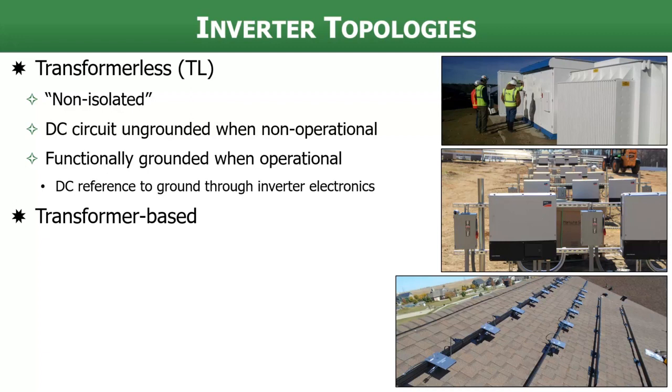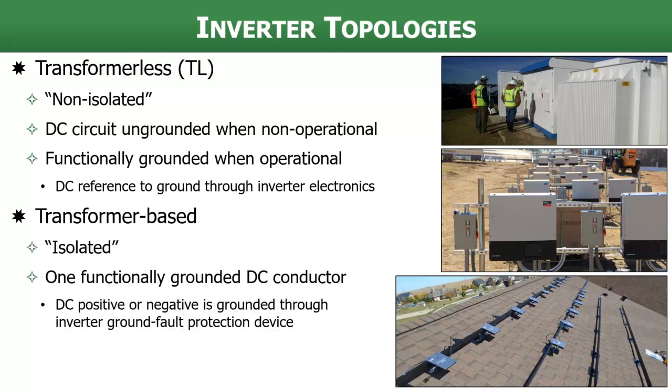And so just like it sounds, these inverters contain a transformer that isolates the AC and the DC sides from each other. So you might also hear those referred to as isolated inverters. And this type of system has one functionally grounded DC conductor. Usually that's going to be the DC positive or the DC negative conductor.